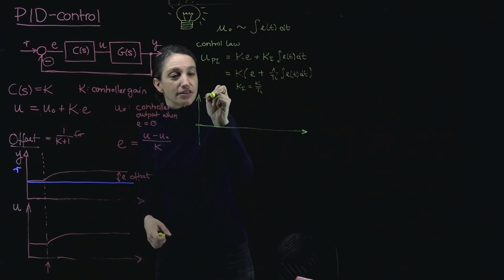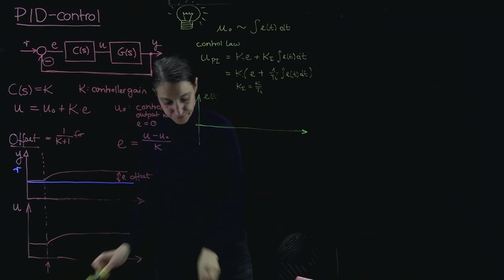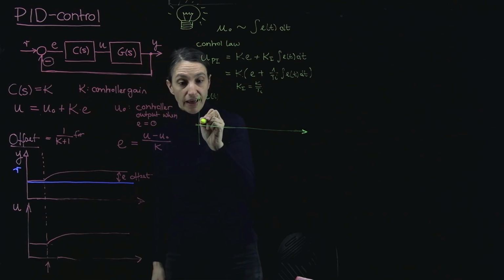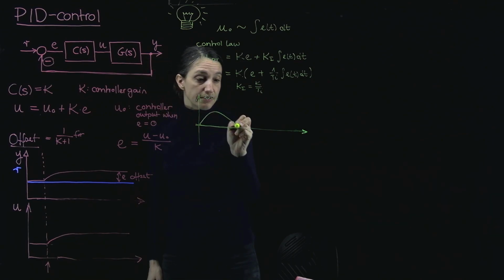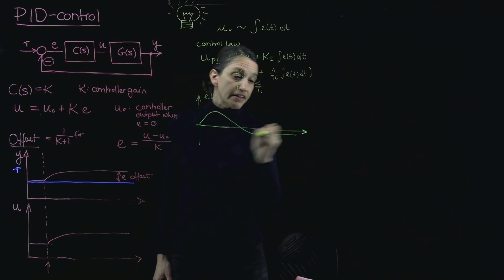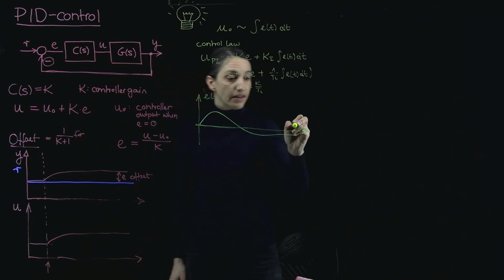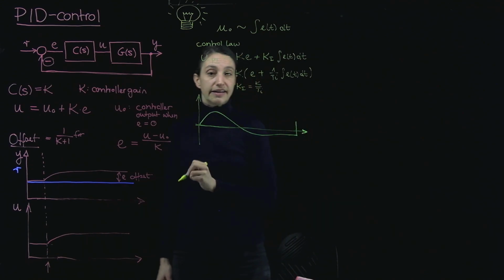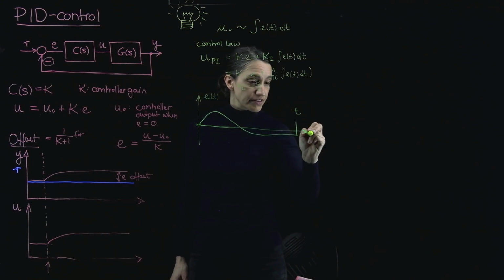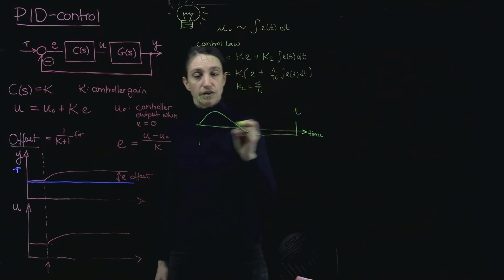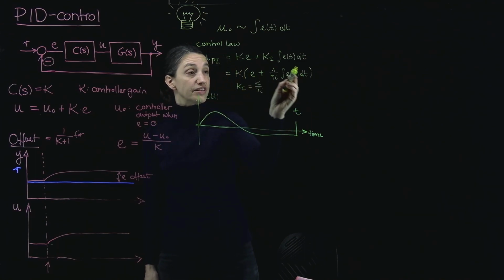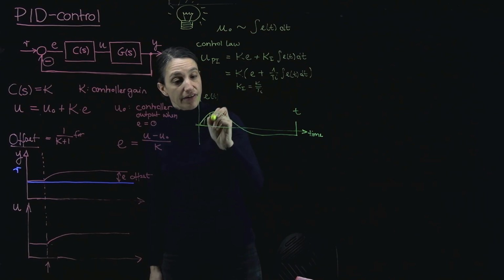So imagine this is your control error, and for a bit it's positive and then it turns negative, but there's a remaining control error. And if I look at time t, so this one here is time, in order to form the integral, this bit here is the area under the curve.